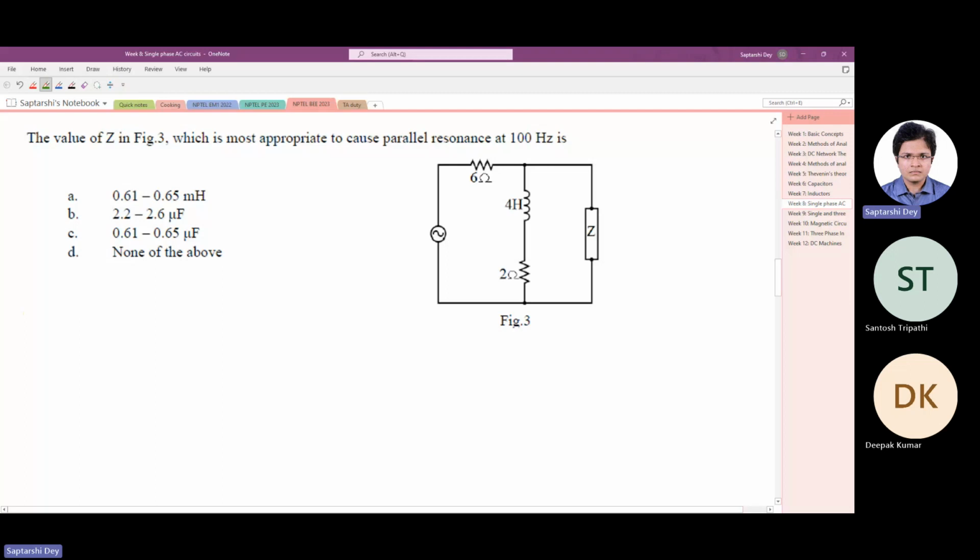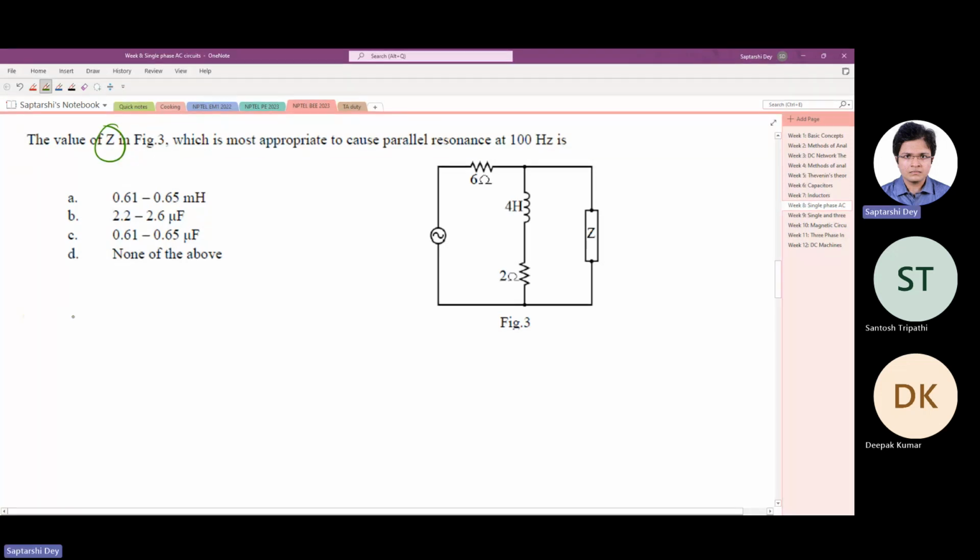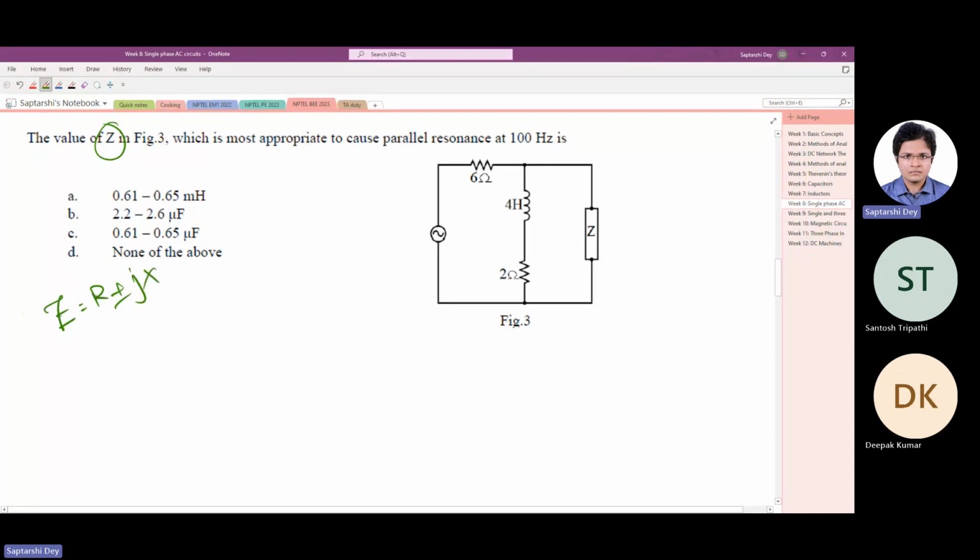So the value of Z, they say. Here there is a thing. Z is a general symbol for impedance. Z means it's R plus jX, plus or minus jX, right?